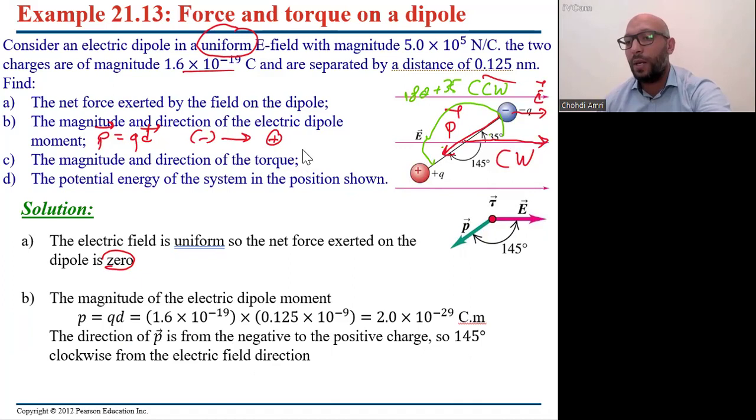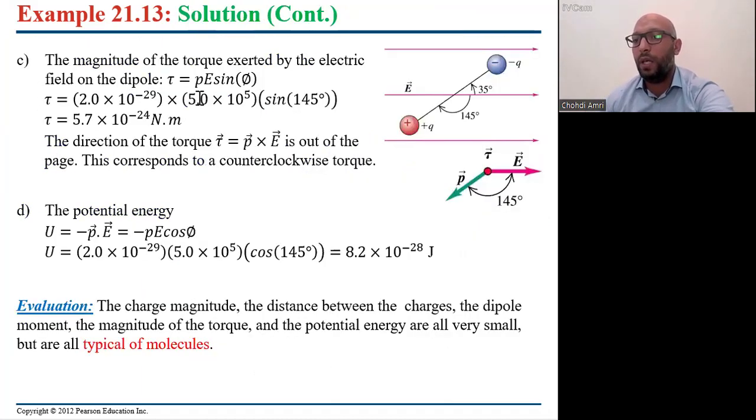The third question asks, what is the magnitude and the direction of the torque? As I gave you in the summary, the torque is P cross E. So the magnitude is PE sine phi. So it would be 5.7 times 10 power negative 25 Newton meter. Using the right hand rule, we can get the direction of this torque.